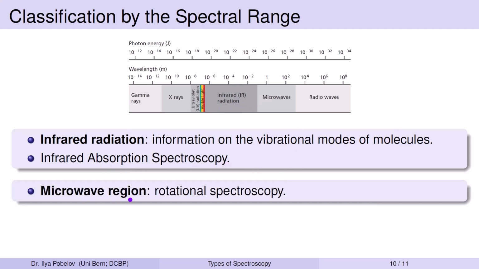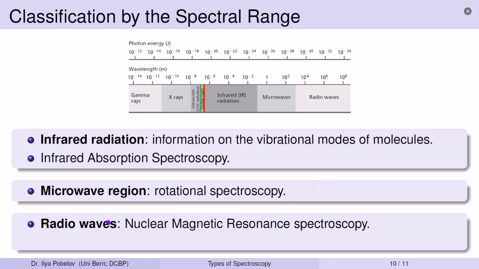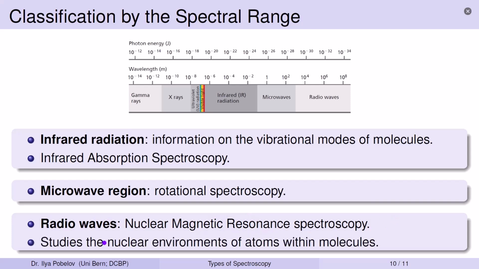The microwave region is predominantly associated with rotational spectroscopy, revealing information about the rotation of molecules. Finally, radio waves are employed in nuclear magnetic resonance spectroscopy, which studies the nuclear environments of atoms within molecules.